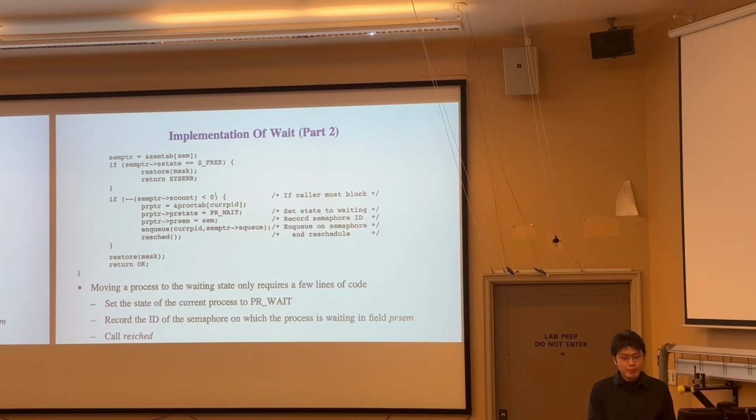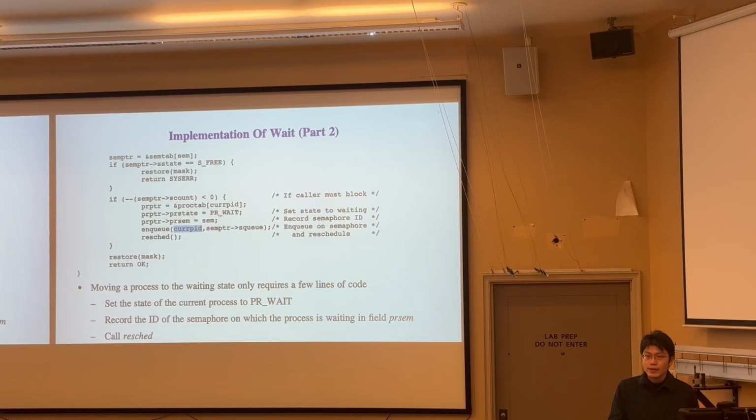If it needs to be blocked, you get its process entry, change its state to wait, meaning that it's blocked, set its semaphore pointer to the current semaphore being used, and enqueue this process to the semaphore's queue.